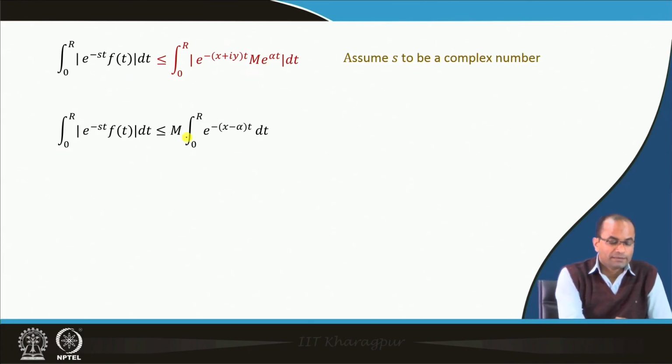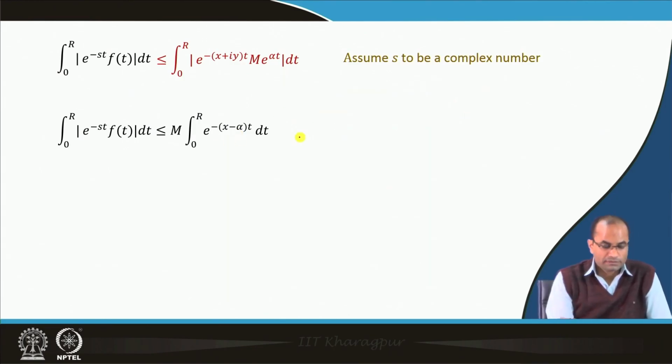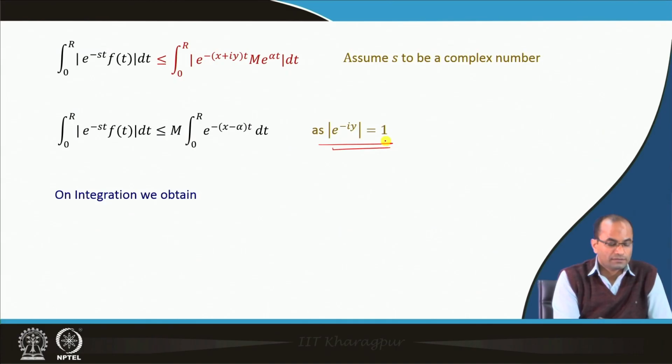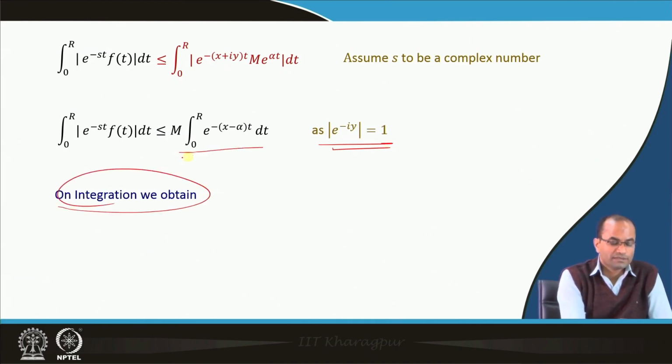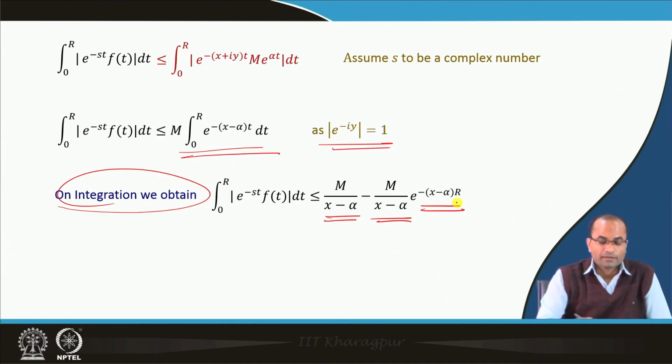So, we can bring this M outside, and then we have positive exponential functions: e^(-(x-α)t), and the absolute value of e^(-iyt) will be 1. Now on integration of this, we get M over (x minus α) times (1 minus e^(-(x-α)R)).